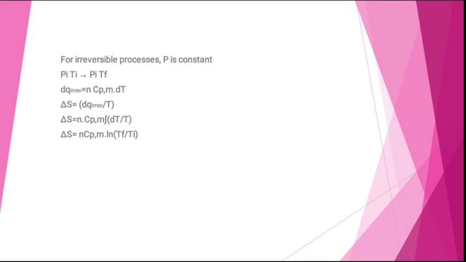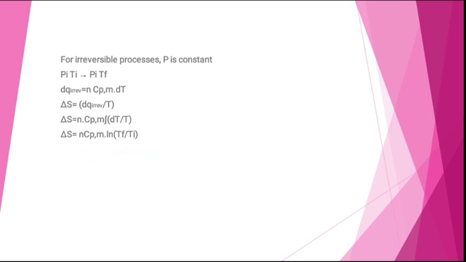Cpm represents the molar heat capacity at constant pressure, n is the number of moles and dT is the change in temperature. According to the definition, delta S is equal to dq by T. Just put the value of dq here and the equation becomes delta S is equal to n Cpm integration of dT upon T. So delta S is equal to n Cpm ln of Tf upon Ti.